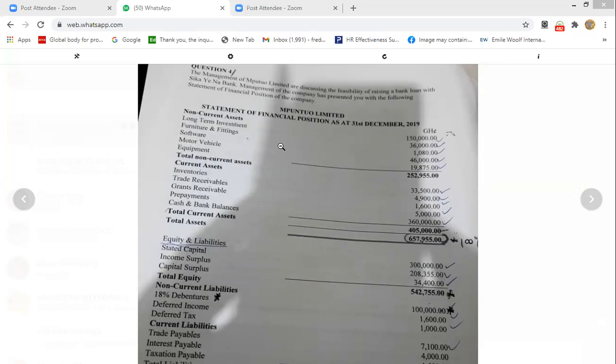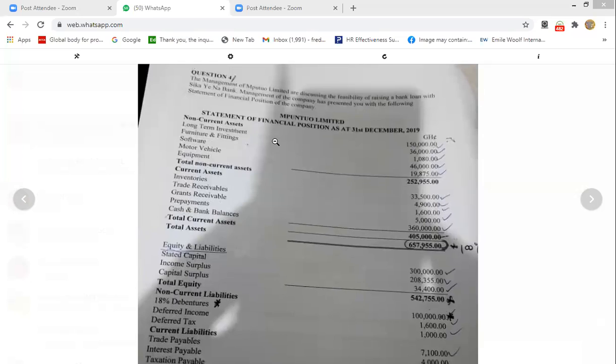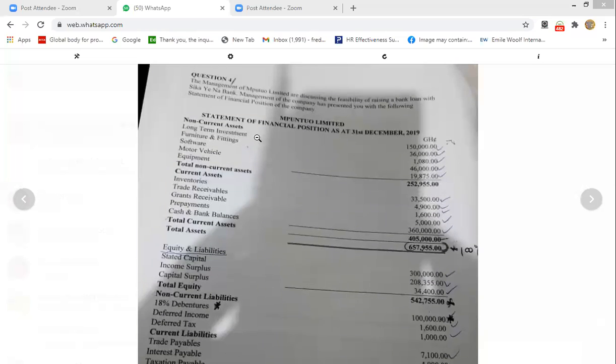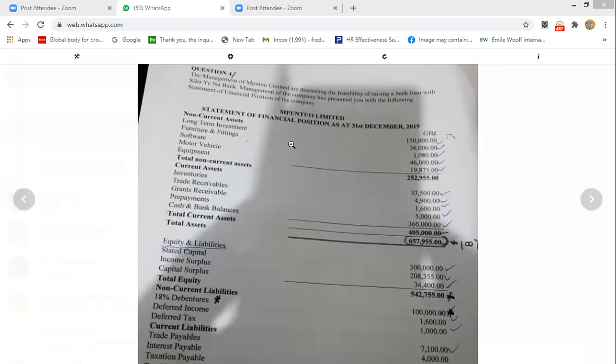If its percentage is more, then it is not a manufacturing company, because a manufacturing company will not have a large long-term investment. For a manufacturing company, you should invest in your plant and machinery. Buy a lot of plants, a lot of machinery, equipment for production purposes. But if you are investing your money, then you are not a manufacturing company, but like a service company.